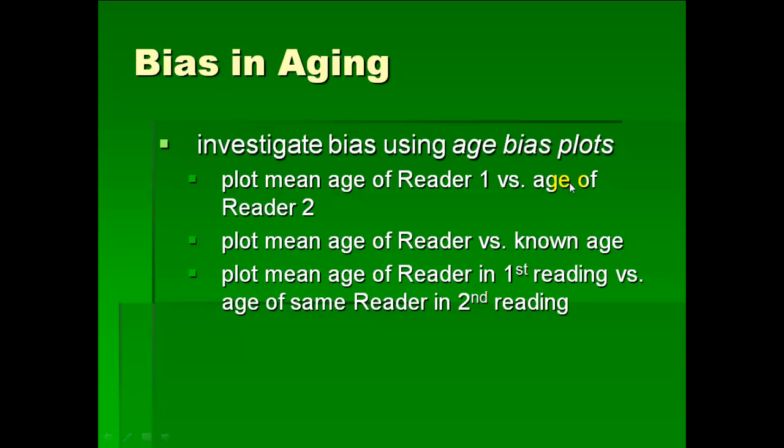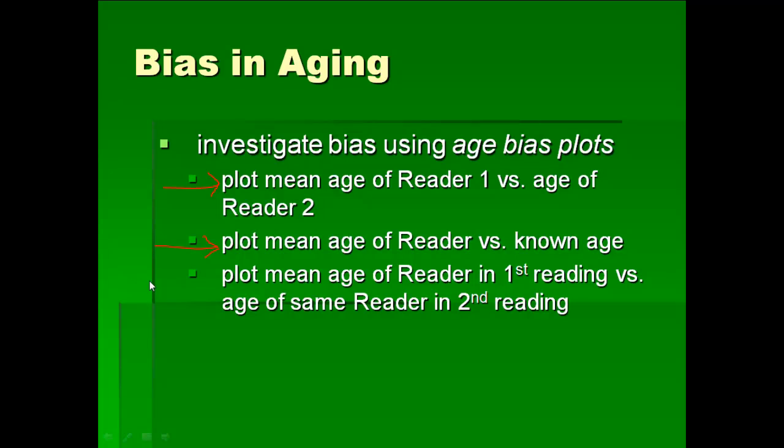One way is to plot the mean age of reader 1 versus the age of reader 2. So you're comparing if one is biased relative to the other. This is going to talk about precision. You can plot the mean age of one reader versus a known age. That's going to talk about bias and accuracy.